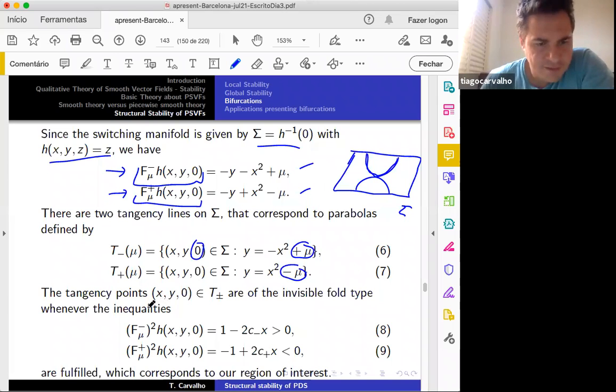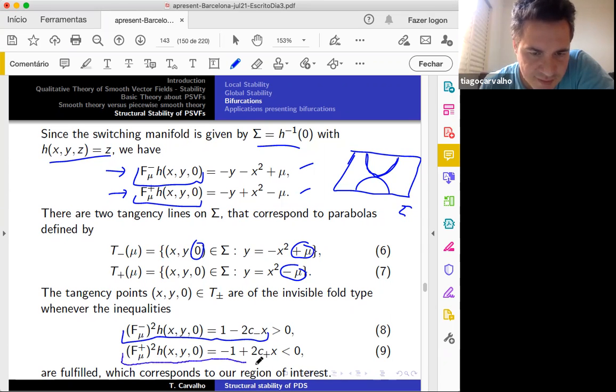Moreover, the second Lie derivatives are given by these expressions, and there are places where, for example, the second one, f minus squared, is positive and f plus squared is negative.